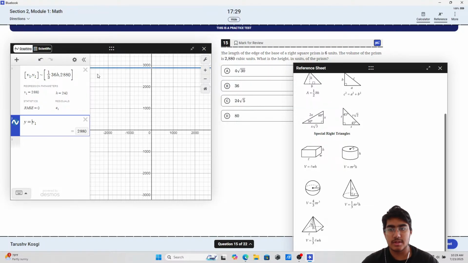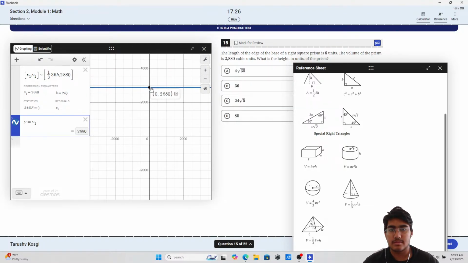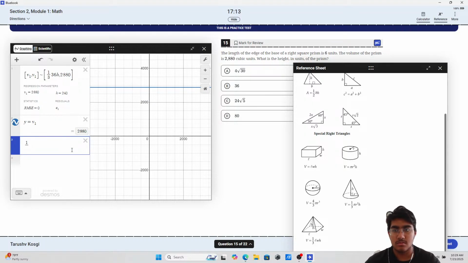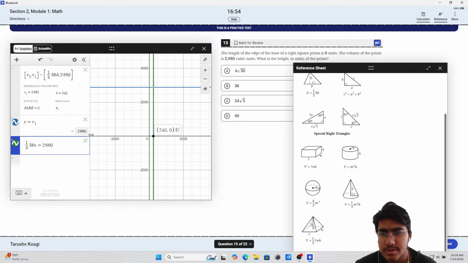What if I do y equals that? That's also saying 240 here, which is very, very intriguing.